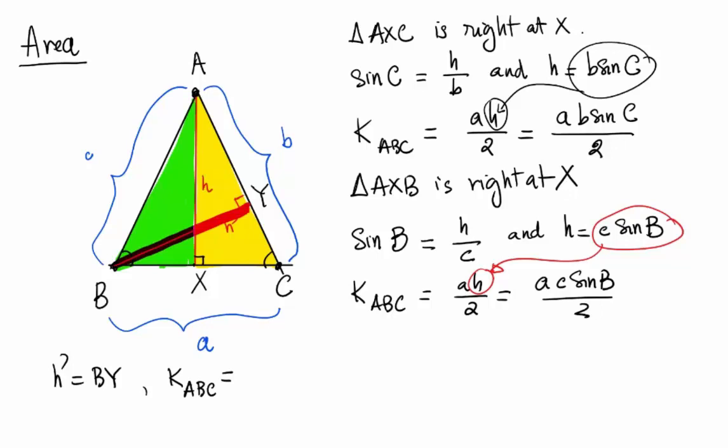It's still base times height over 2, but we have a different base now and a different height. So it will be BY times AC over 2, which will then be h prime times b over 2.